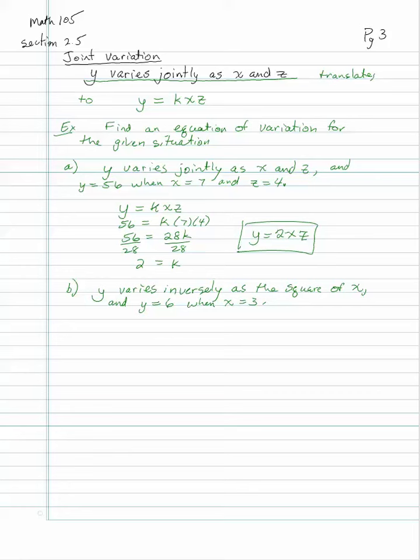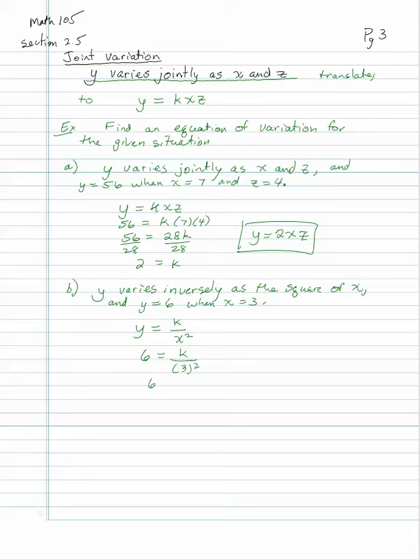Okay, so y varies inversely as the square of x would be y equals, inversely is, remember, k over x. But this is not inversely as x, it's inversely as the square of x. So it's y equals k over x squared. Then we plug in our numbers, our observed values.